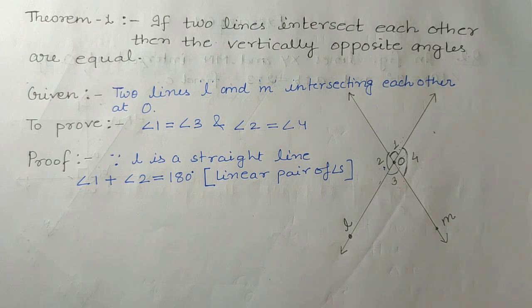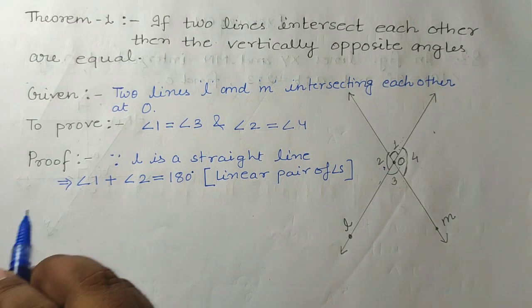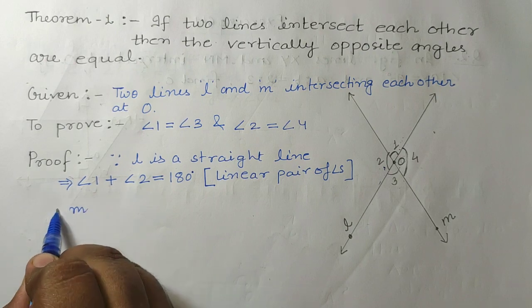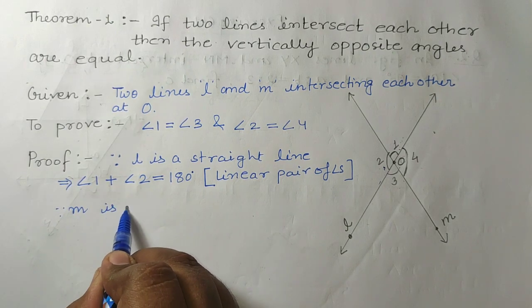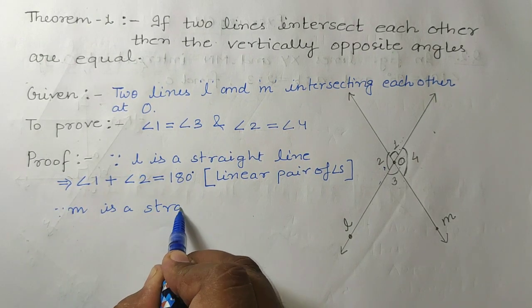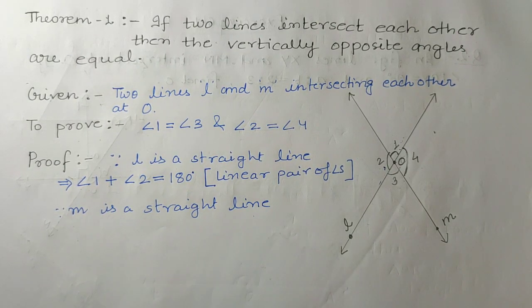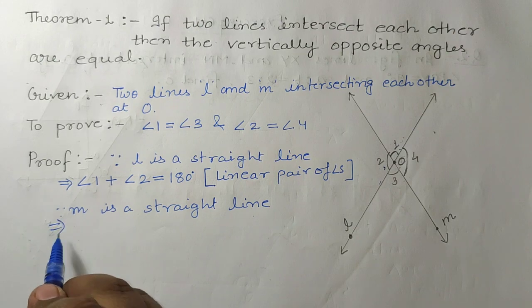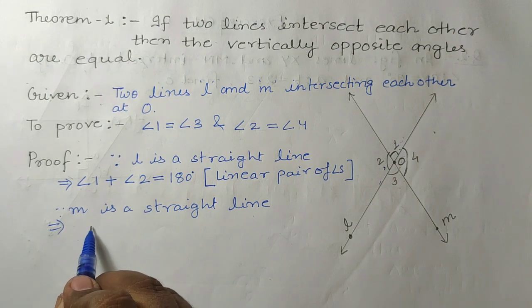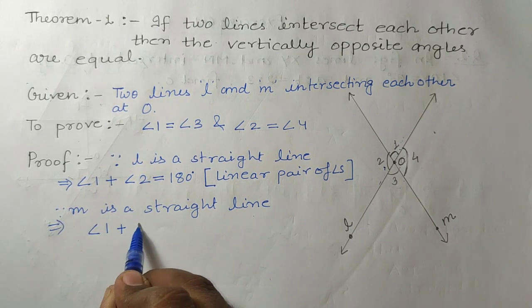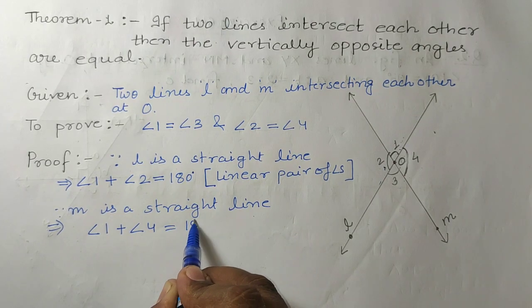In the same manner we can say that since M is a straight line, this will imply that angle 1 plus angle 4 is equal to 180 degree.